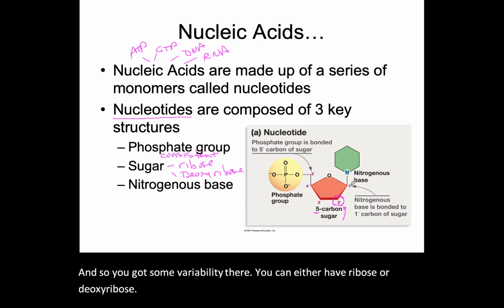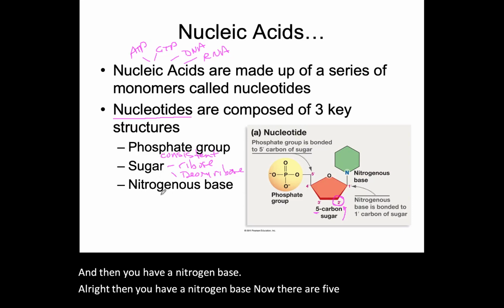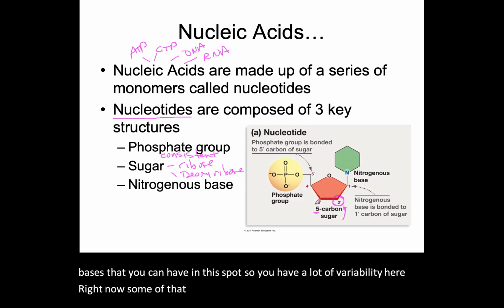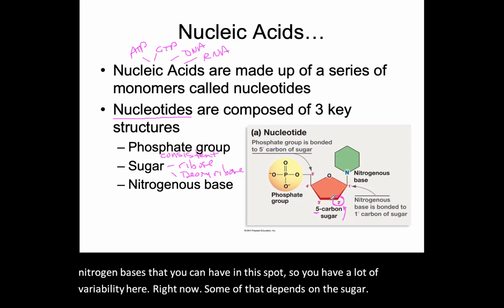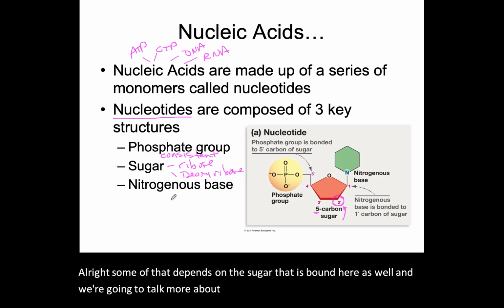And then you have a nitrogen base. Now, there are 5 possible nitrogen bases that you can have in this spot, so you have a lot of variability here. Some of that depends on the sugar that is bound here as well, and we're going to talk more about that in a little bit.